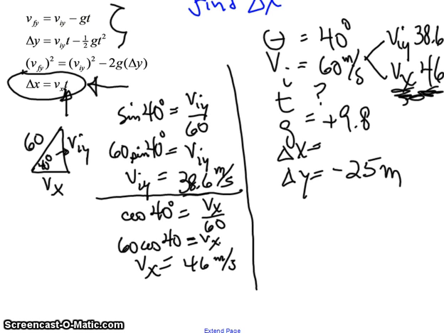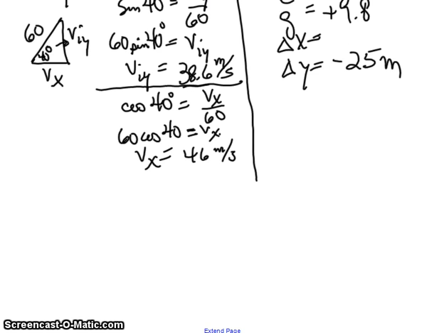And the easiest way to find the time is to use which equation up there? To use this equation right here. This one we don't know v final y, and it's not symmetric. So we need to then find what we are going to do with that equation. And let me just extend this page once more.